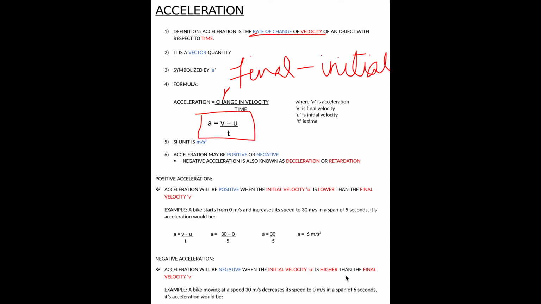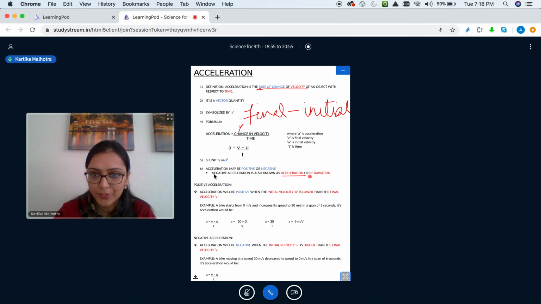Now moving on, the SI unit for acceleration is meter per second square, because we are doing velocity upon time, so you get meter per second square. Now acceleration may be positive or negative, and negative acceleration is also known as deceleration or retardation.